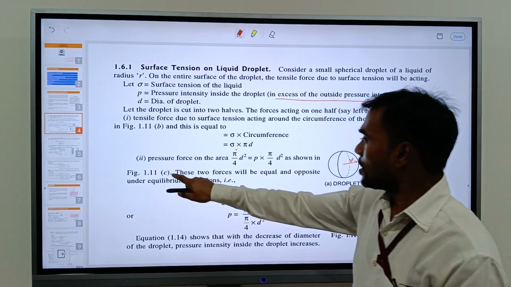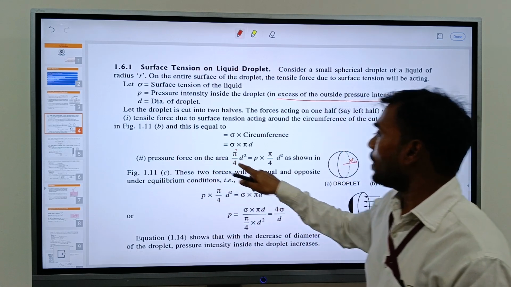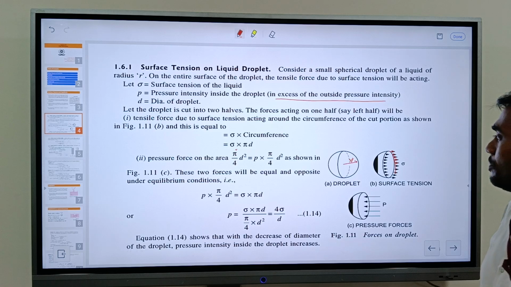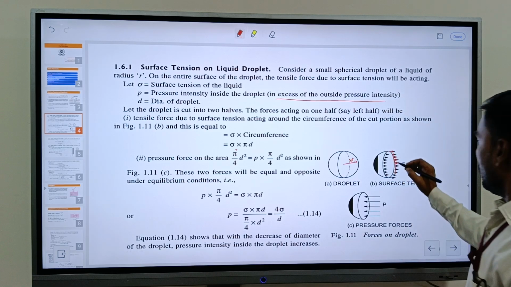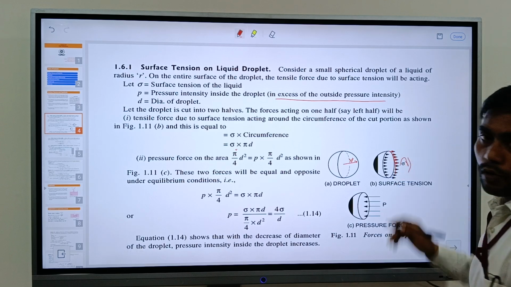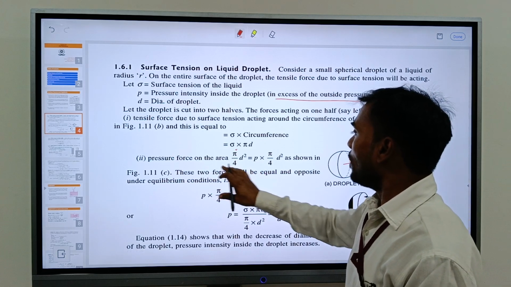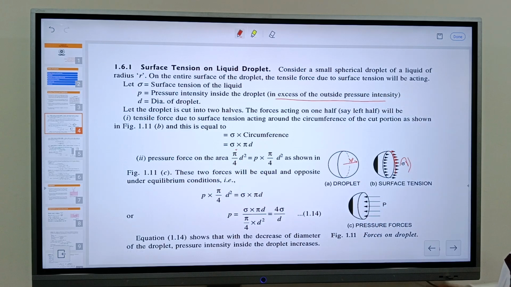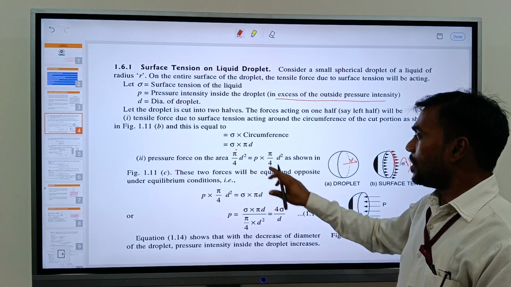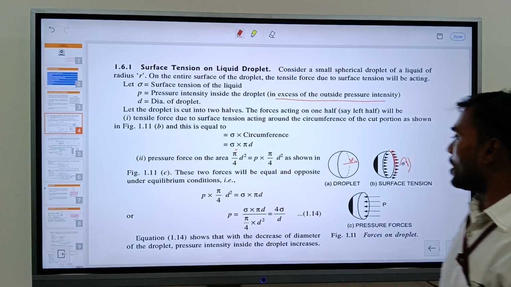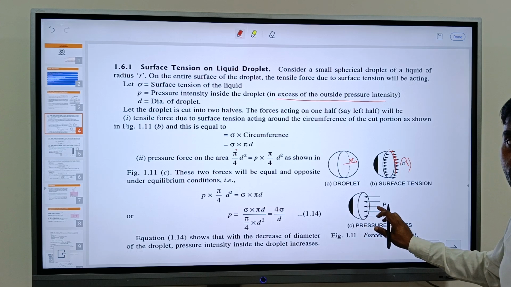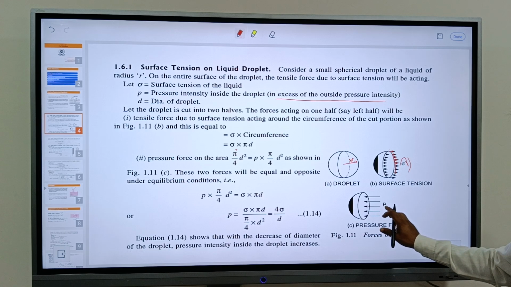Now the second force is the pressure force on the area pi by 4 d square. This portion is shown as a circular portion, therefore its area will be pi by 4 d square, and the force will be pressure intensity into pi by 4 d square, as shown in figure C. Small p is the pressure intensity, and capital P is the total force.